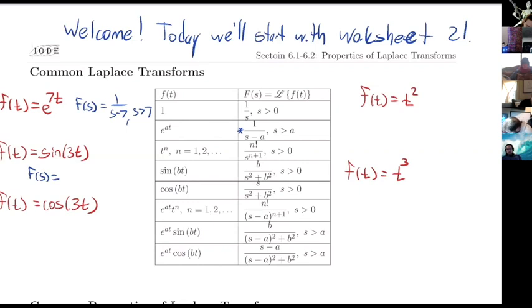Our value for b is 3, so we plug a 3 in over here and over there. And that domain is s bigger than 0. Then for the cosine, same idea, except now we have an s on top. That's the difference in the Laplace transform of sine and cosine.